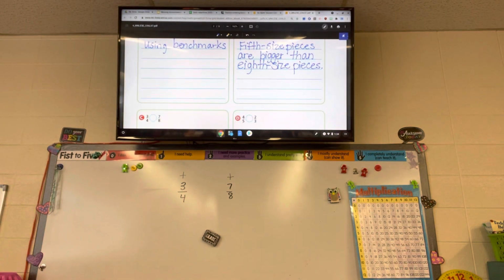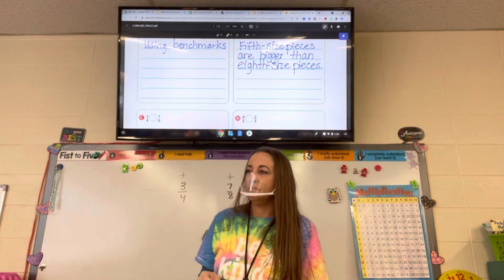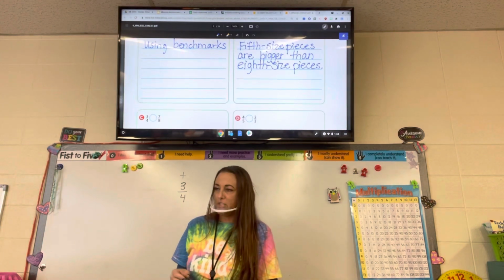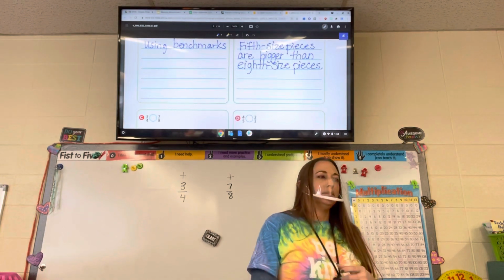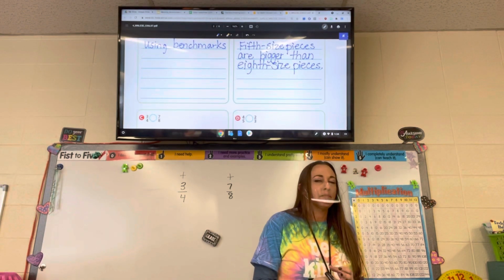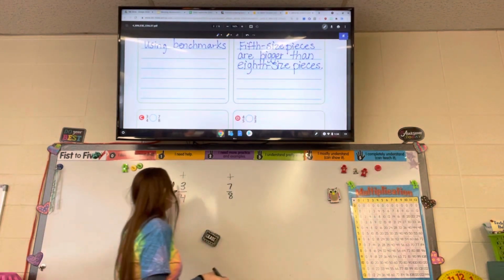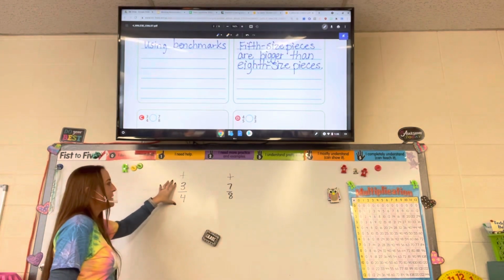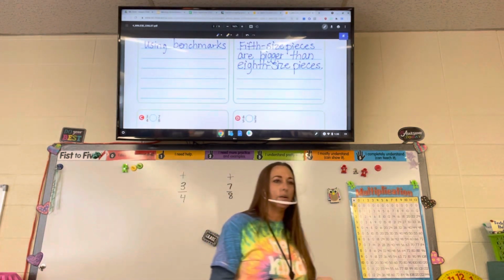Ella, what do you think? We just did that and we figured out that wouldn't work because these are both bigger than half. Reese? That's what she just said. We just figured out that this is bigger than half and this is bigger than half. So benchmarks didn't work.